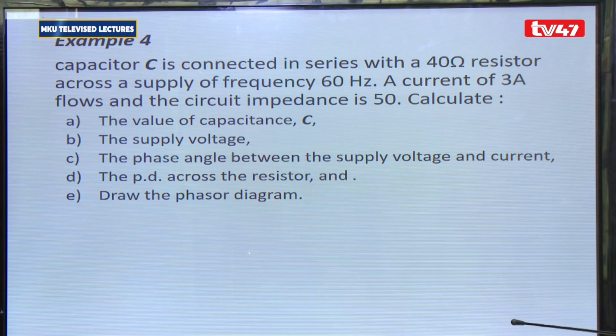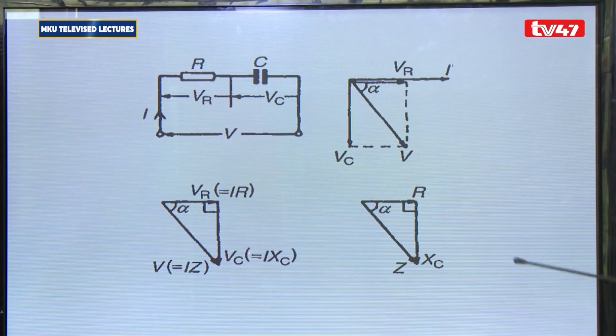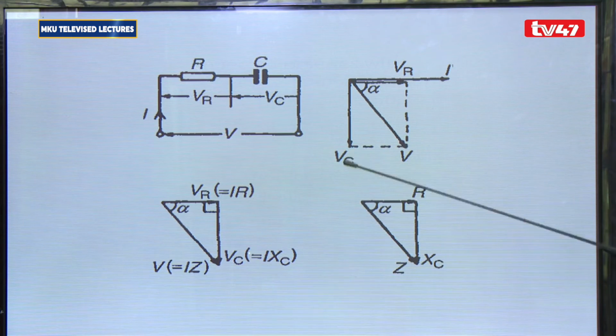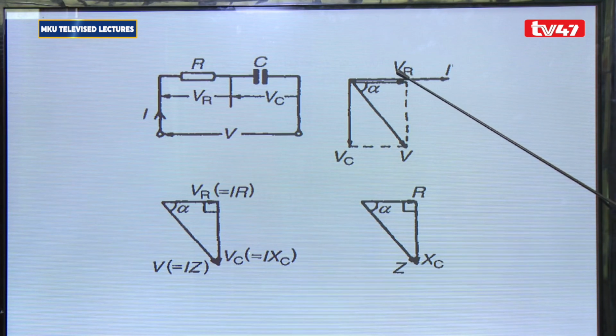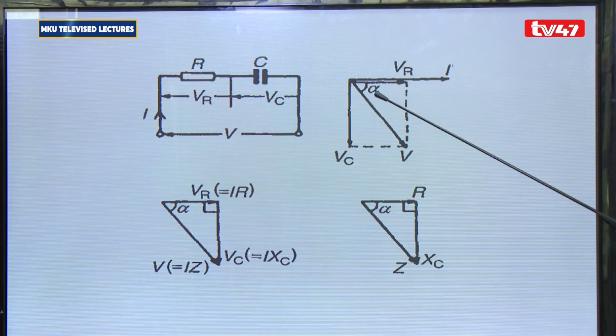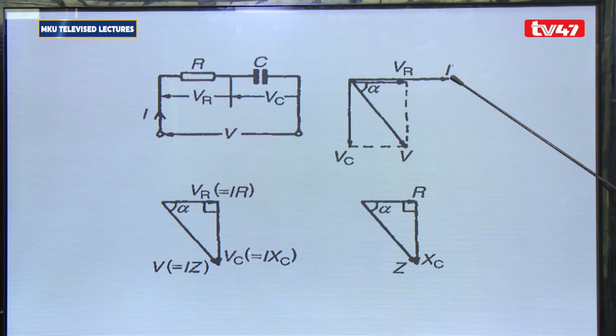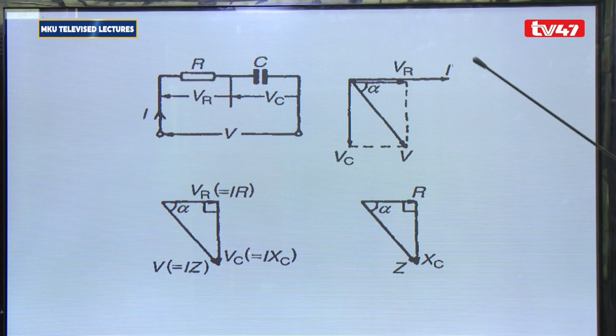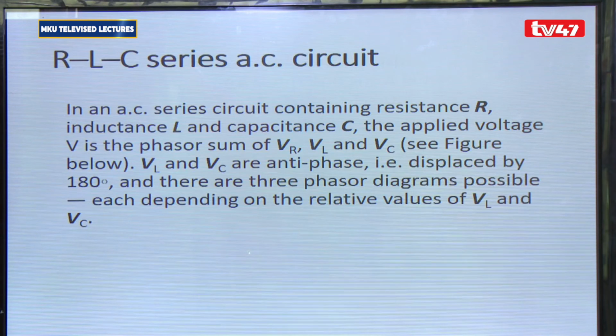Of course, from this diagram here, it is VC squared plus VR squared, then you get the square root, and that is the value you put here, and then the angle here you have seen is 36.87. The current here, we have seen, is 3 amperes. It is given in the question. So that is the way you are supposed to go about that problem.